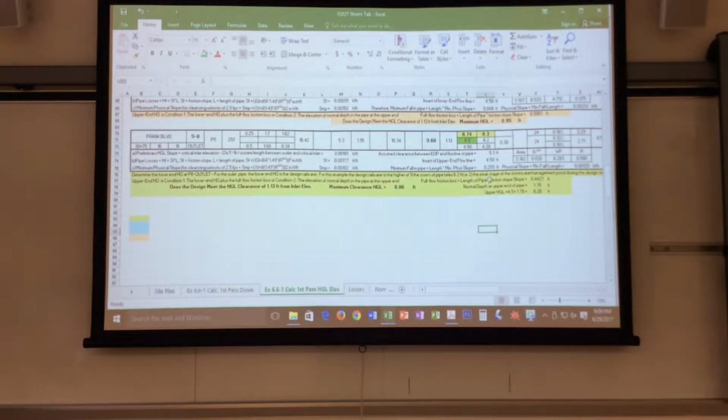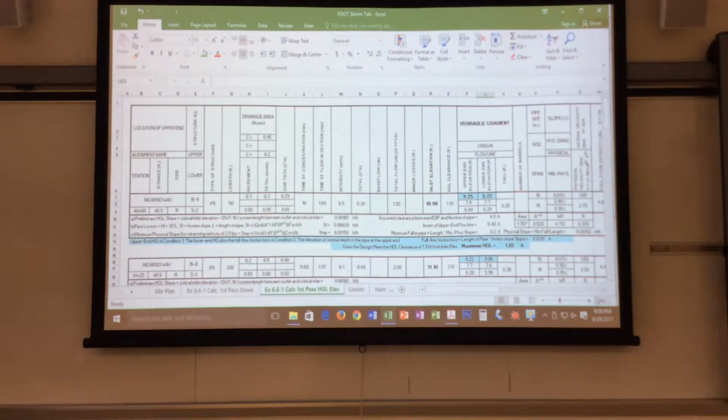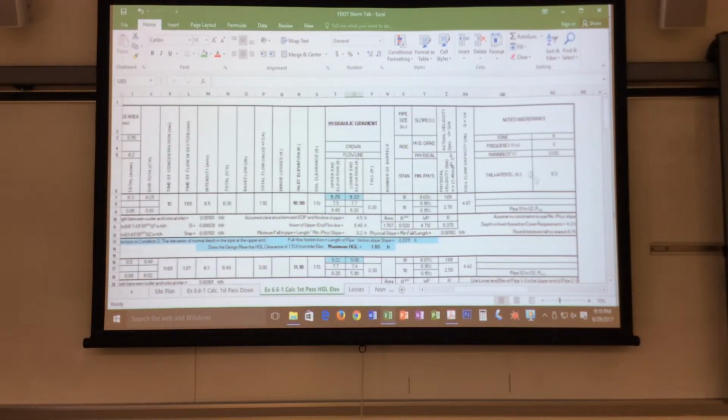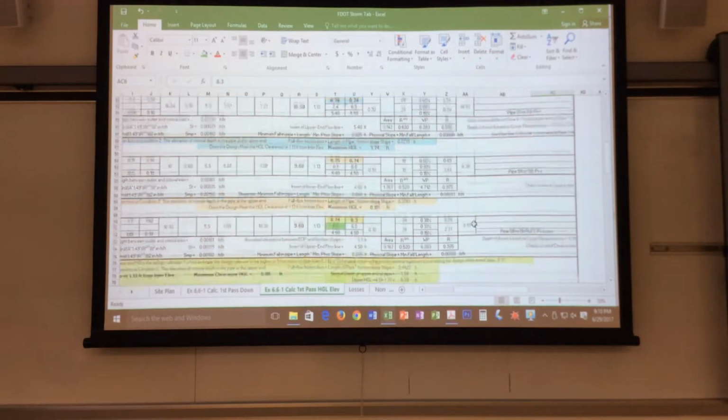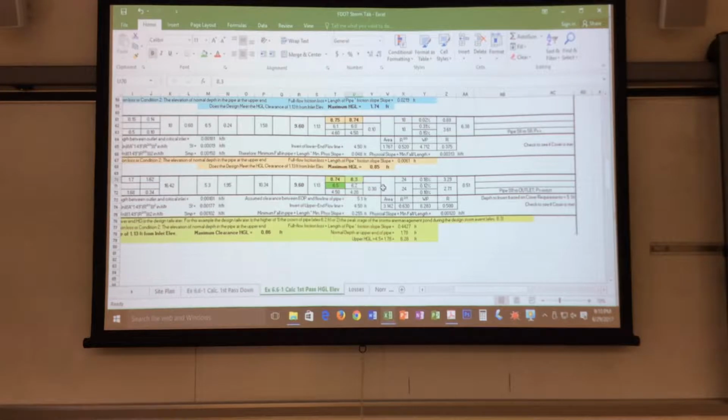Now, the elevation of the tailwater that we said at the very beginning up here was 8.3. So we know that the tailwater is actually controlling. All right, so that's where the first value comes in, that 8.3 right there.